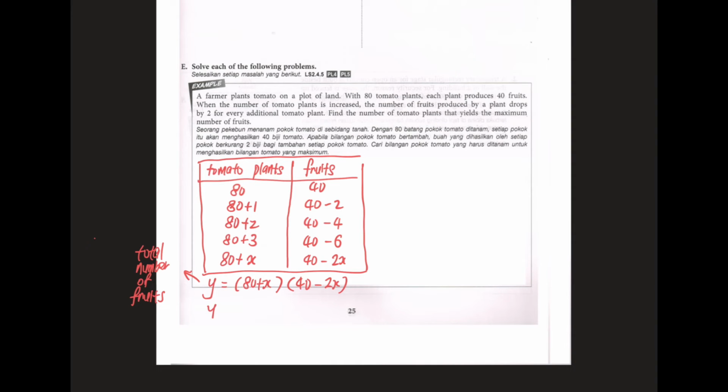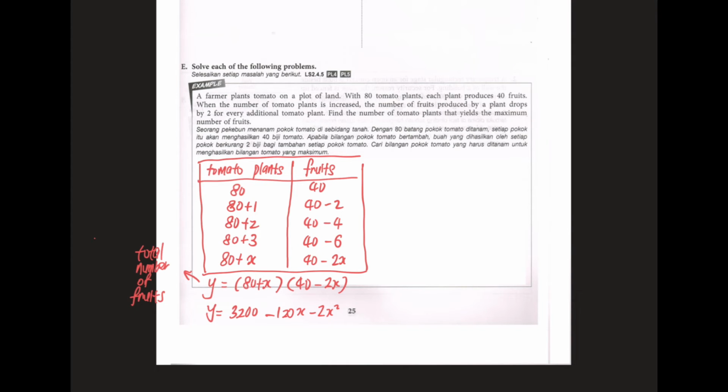Then y equals, we expand it, 80 times 40 is 3,200, and then followed by minus 160x plus 40x, which is minus 120x, minus 2x squared. So we can get the quadratic equation.